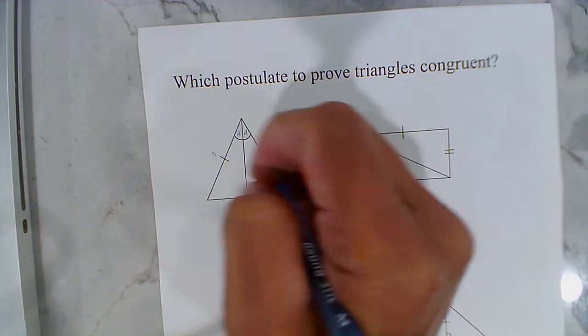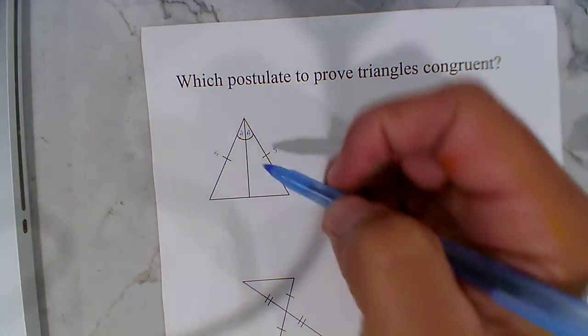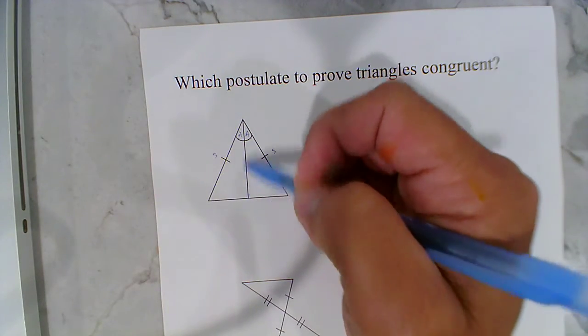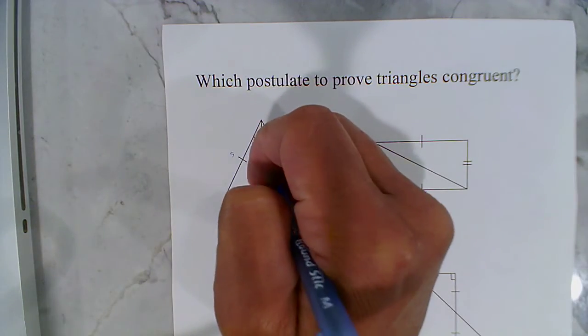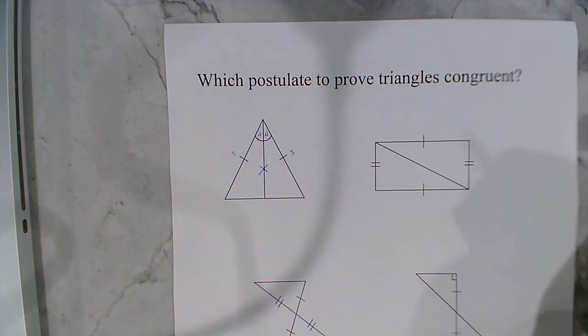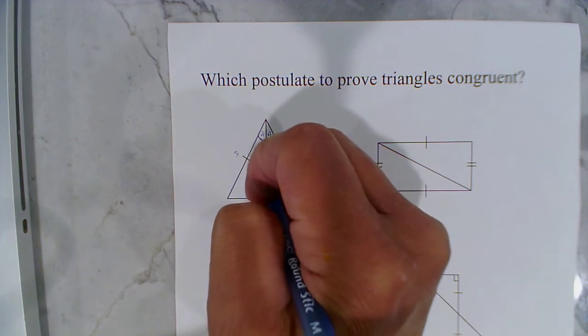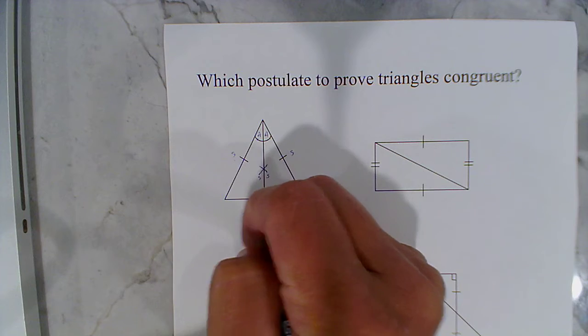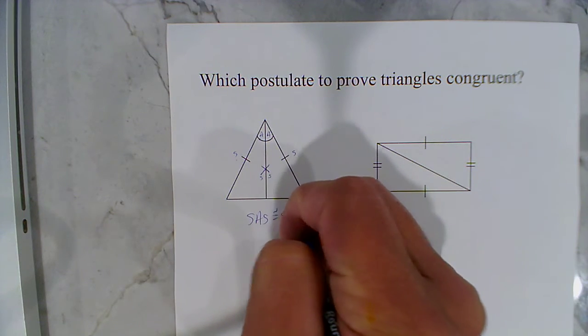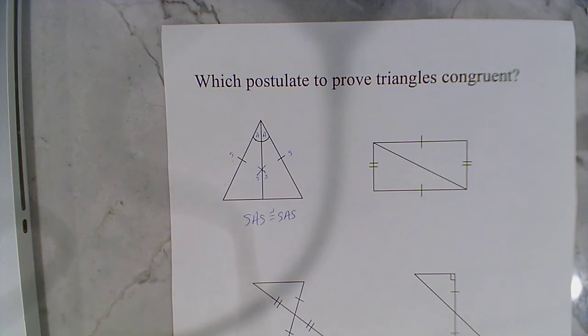And then this is a pair of sides here. And what else do I have? Well, you have a shared side to both triangles. This is the same picture from earlier. Remember, you marked that with the X for reflexive. So that winds up being a pair of sides. So you're at side, angle, side. Because the angle was in between the 2 sides.